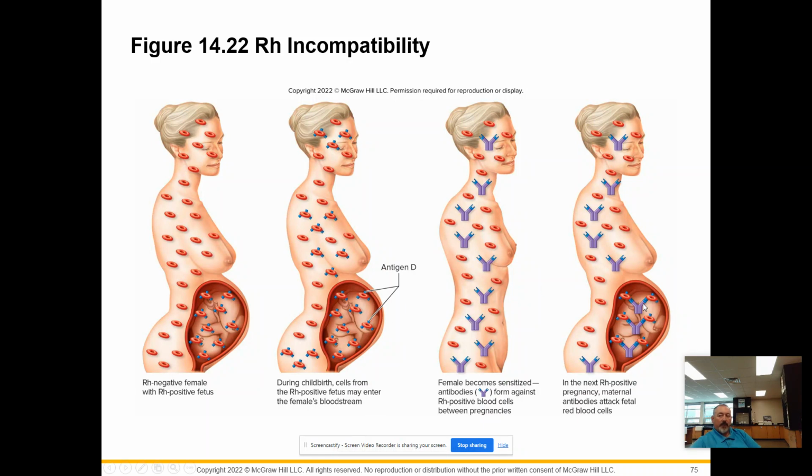So when the mother identifies this, she'll be ready to terminate the next pregnancy as a result. And so this is Rh incompatibility. This is just a normal medical procedure for people who are Rh negative. They lack that, and their body develops an immune response to it. You can prevent it, and it is prevented. It's standard procedure to give an Rh negative mother Rogam as she is getting ready for childbirth.